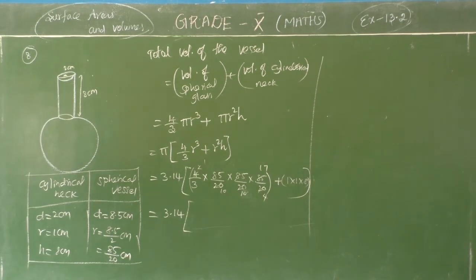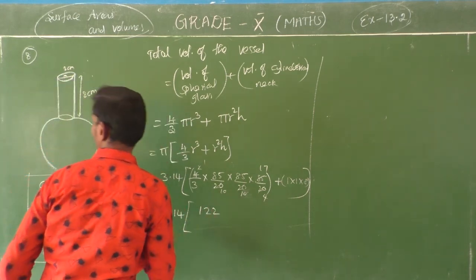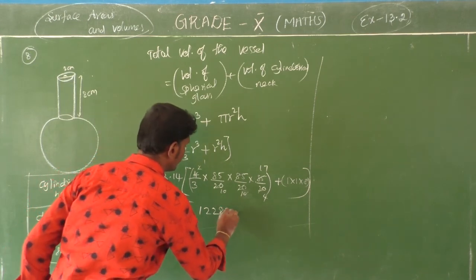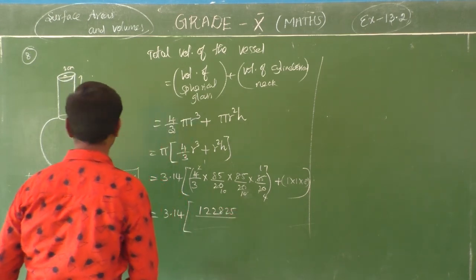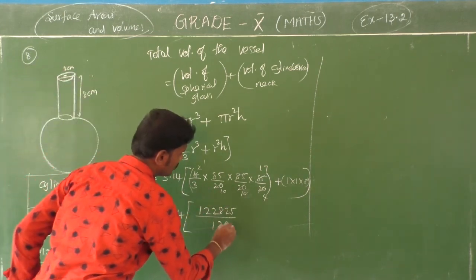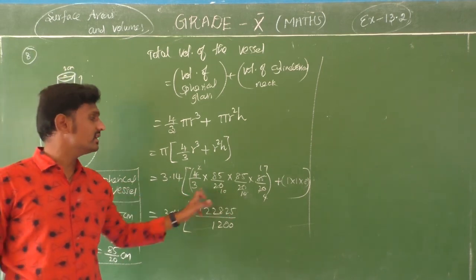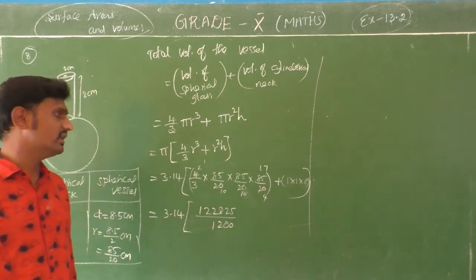So the multiplication of 85 into 85 is 7225, into 17, you get the answer 122,825, whole divided by the remaining number. 4 threes are 12, so 120, and 10 tens are 100, so 1200.